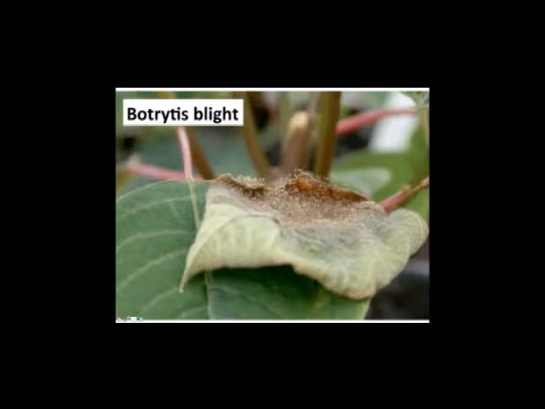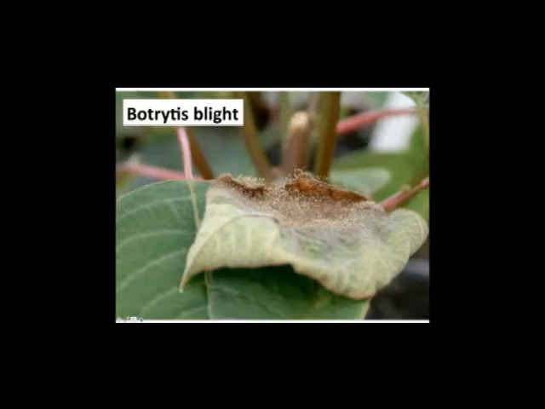I showed pictures of what it actually looks like on the stems, but it can attack any above ground portion of the plant. And you tend to see a sporulation of the growth. It can look gray to off-white. Sometimes you'll see a tannish color, and again, it produces very large amounts of sporulation on the surface.